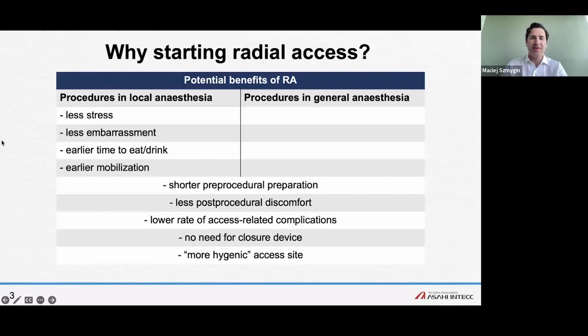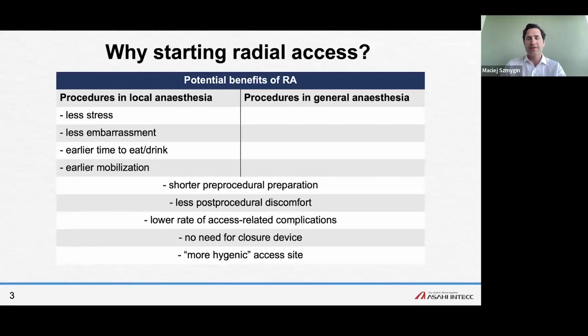We strongly believe that there are many potential benefits, especially for patients in local anesthesia, but also in procedures carried out in general anesthesia. First and foremost, it's less stressful for patients because we don't manipulate the groin area. From our experience, there is also much less embarrassment for the patients.